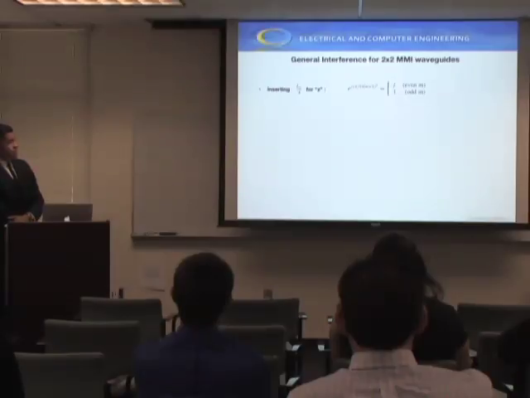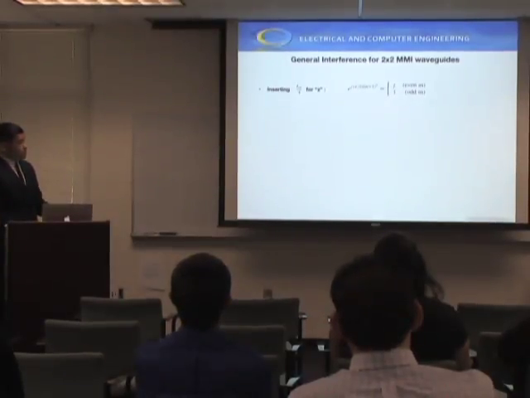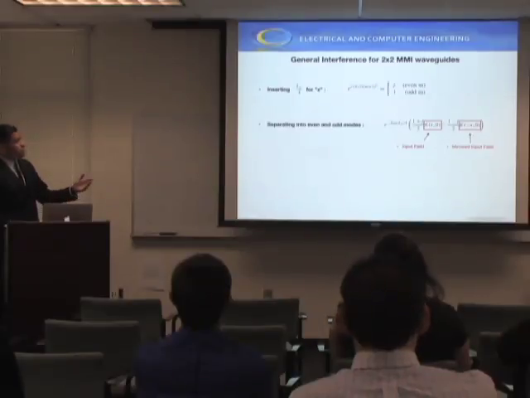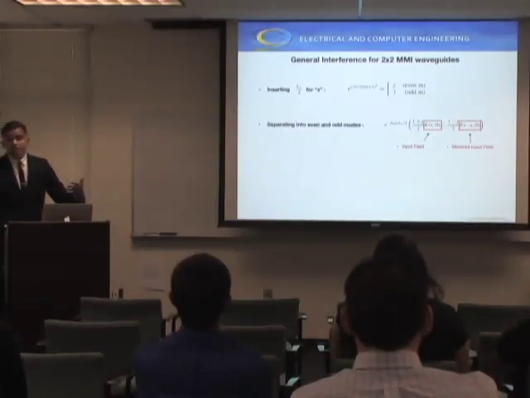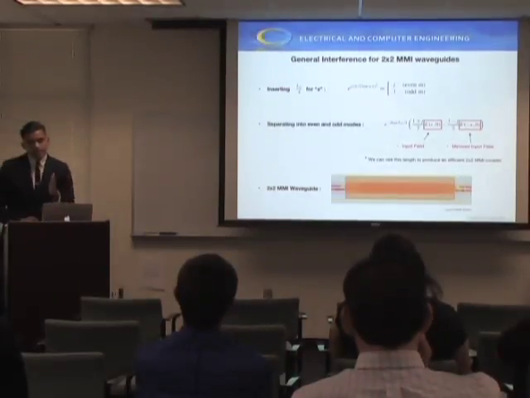If we insert 1/4 of this self-imaging distance, we see that our modal excitation factor is equal to J n1, and then we can separate these into the even and odd modes, giving us our input field here and a mirrored image of the input field. So it's not actually just cutting a light beam in half.